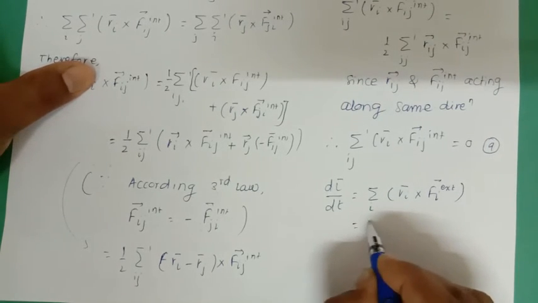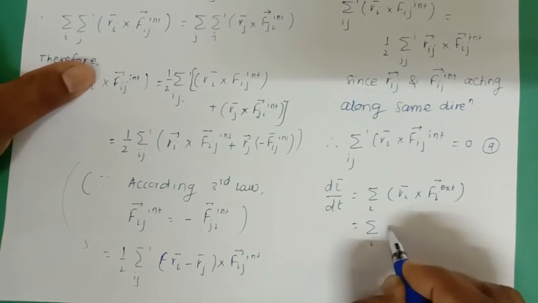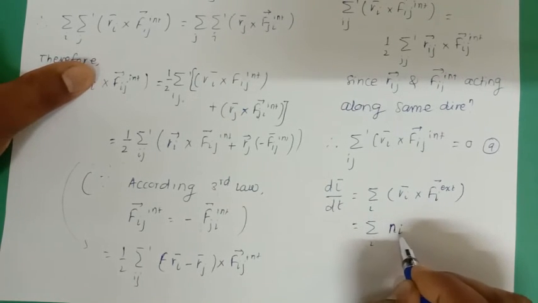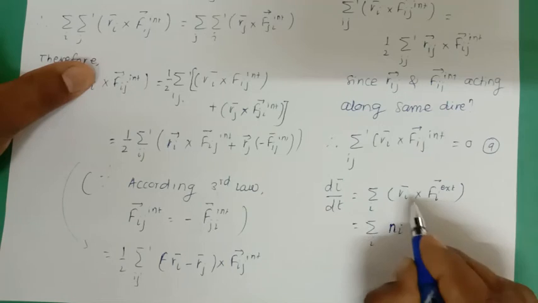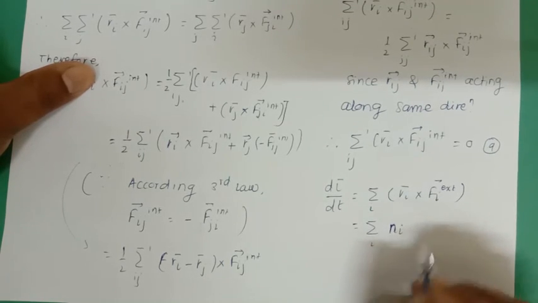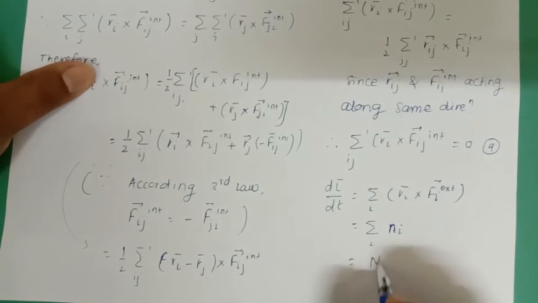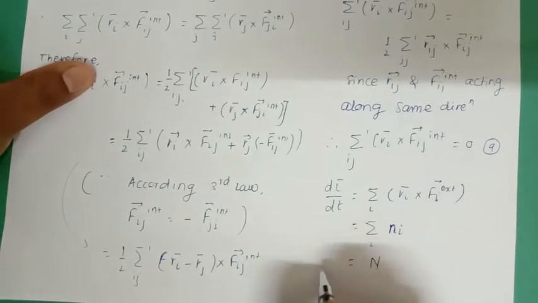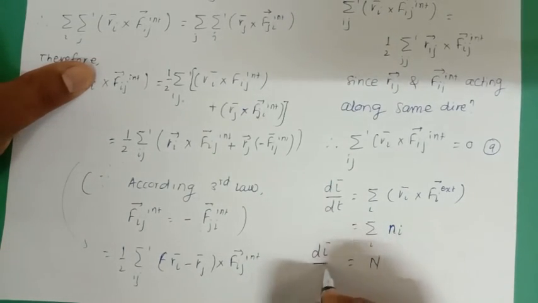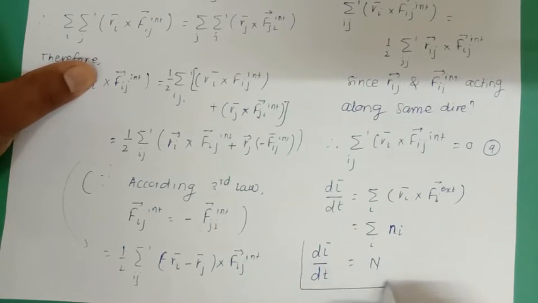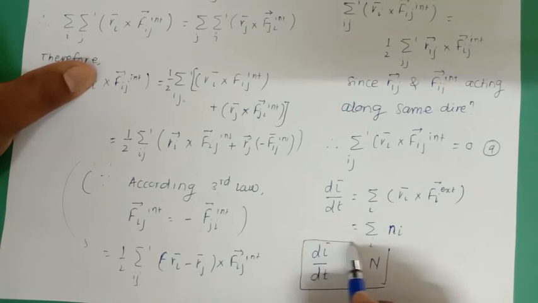So this is the summation over i. I can write this as Ni. What is Ni? Ni is the external torque acting on the ith particle. And if you sum up all those torques acting on the system, I get the total N. So dL by dt is equal to the external torque acting on the system. There is no such big deal.